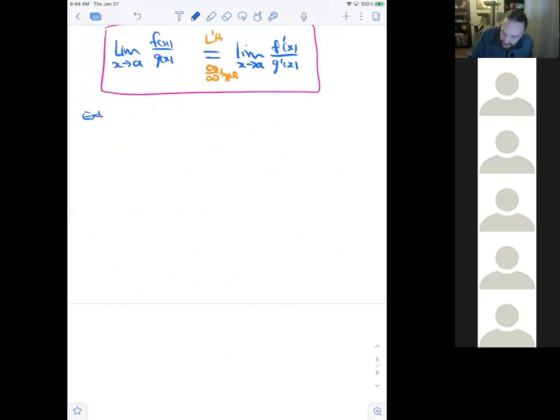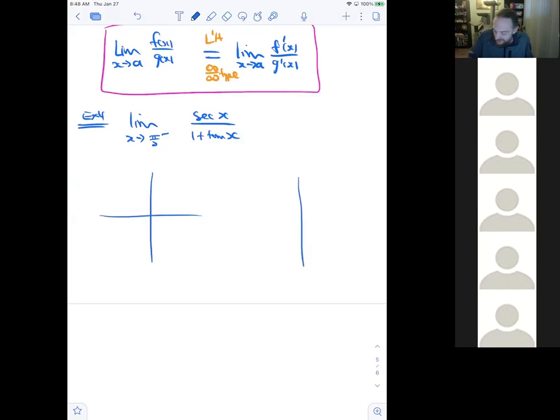Example 4. Let's do the limit as x approaches pi over 2 from below of secant x over 1 plus tan x. Remember this one's a little bit harder because you have to picture the functions.